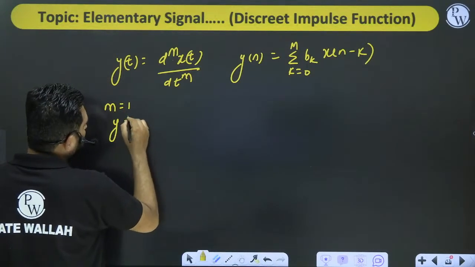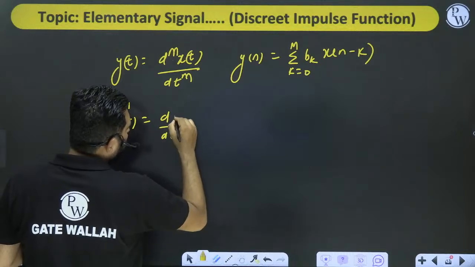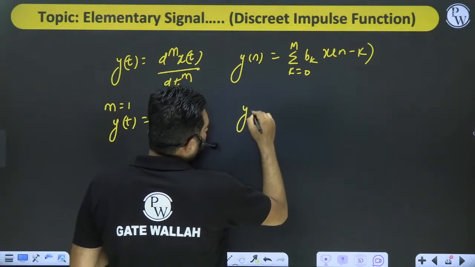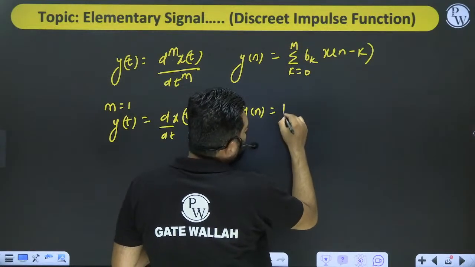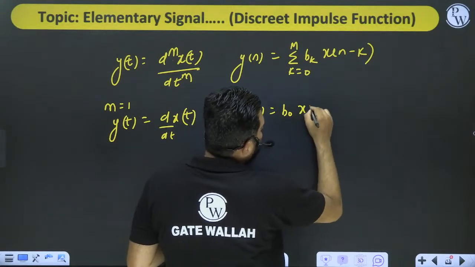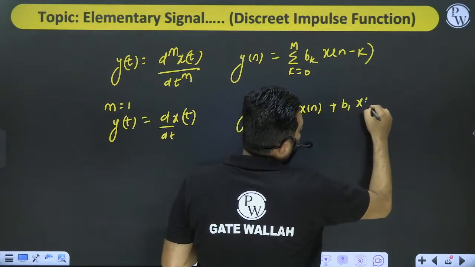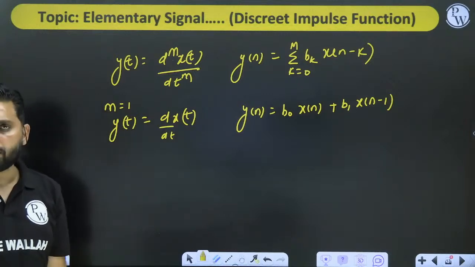y(t) is equal to d by dt of x(t), which can be written as y[n] equal to, from 0 to 1, b0 x[n] plus b1 x[n minus 1]. That's what the meaning is.